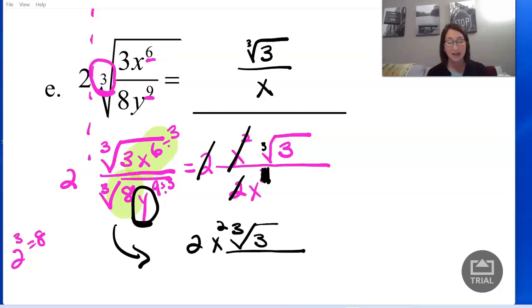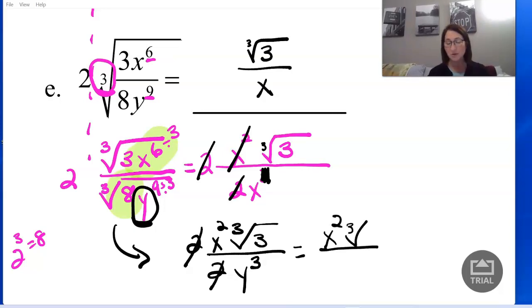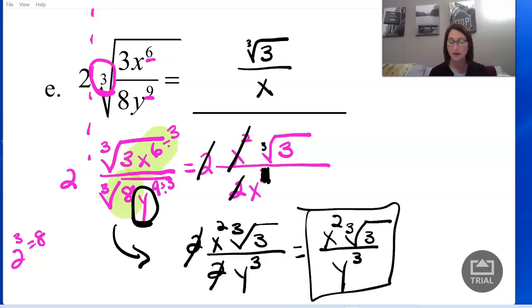But in the denominator, we can still pull out a 2, but we've got a y cubed. Oops, 2y cubed in the denominator, not an x. All right, so our 2's reduce, but that's going to give us x squared cube root of 3 over y cubed. There we go. That looks better.